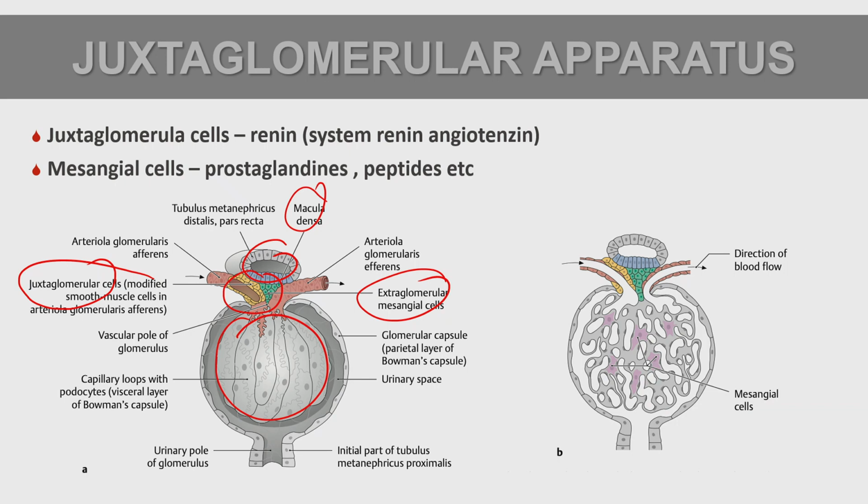Juxtaglomerular cells are modified muscles in the arteria glomerularis afferens, which is able to maintain the blood flow going into the rete mirabile. And those cells are important for secretion of renin, and mesangial cells for prostaglandins, peptides, etc.